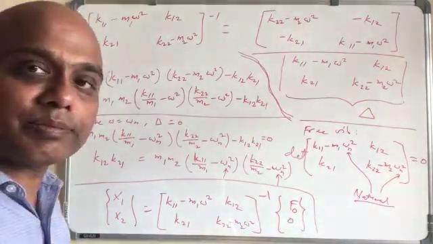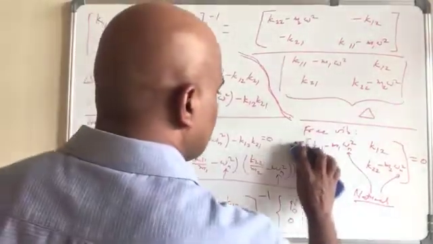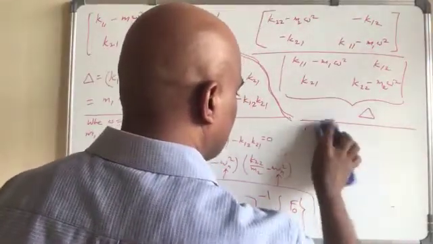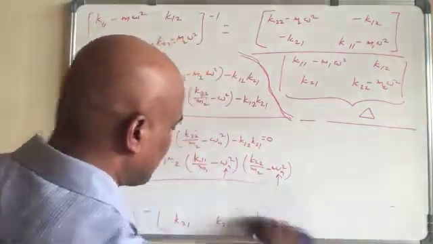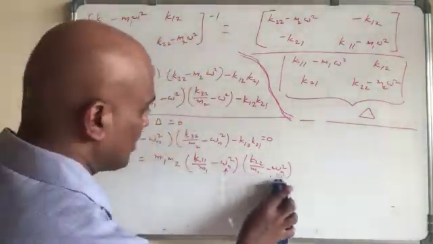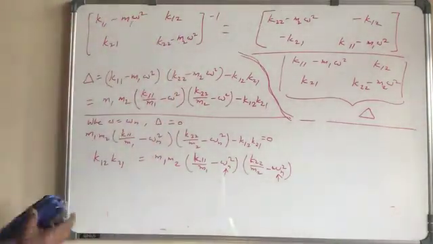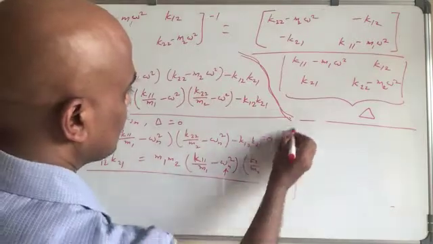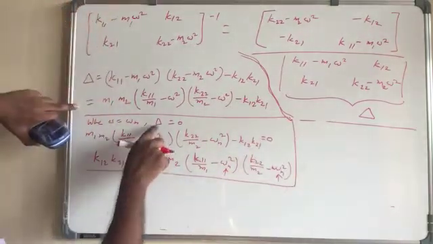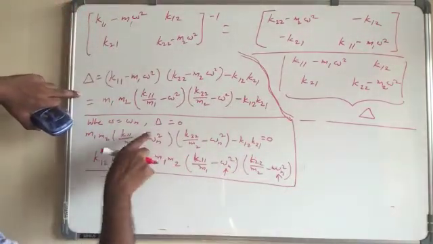Okay, so let's erase this one, and also this, so that we can write it further. This delta is a special case when delta equals 0 when omega equals omega n.